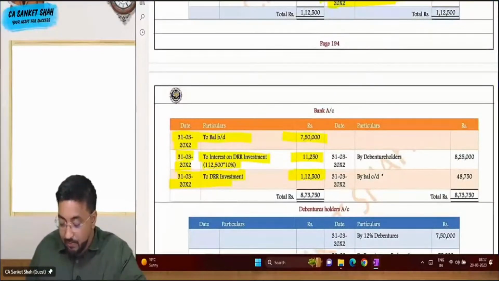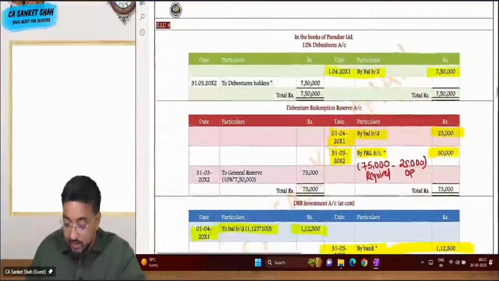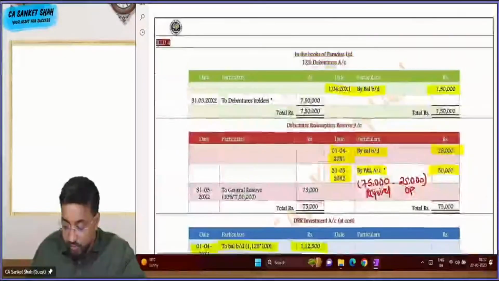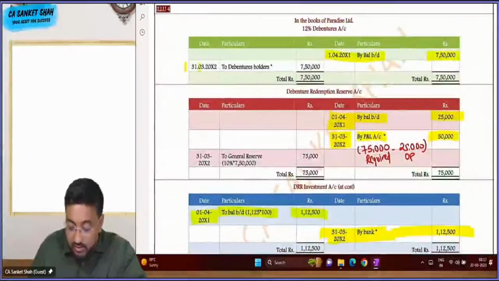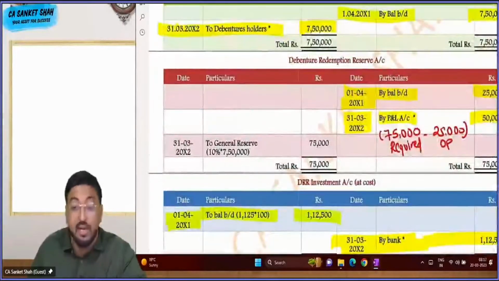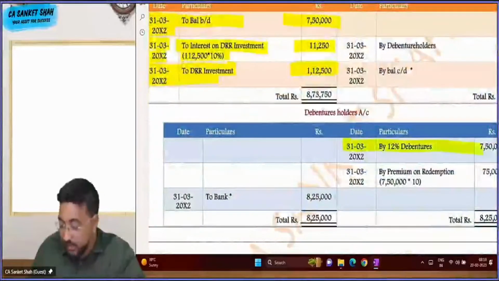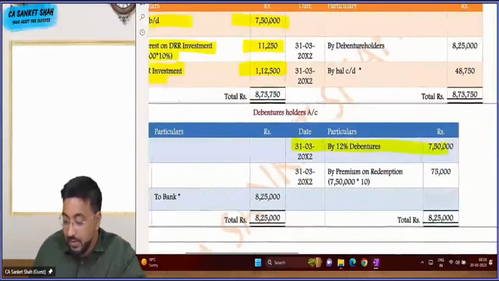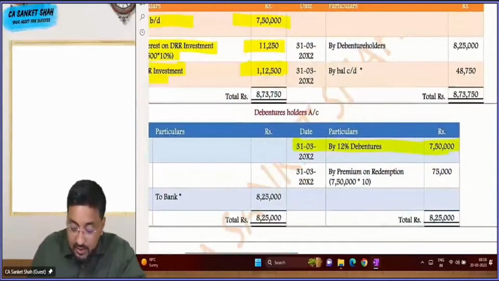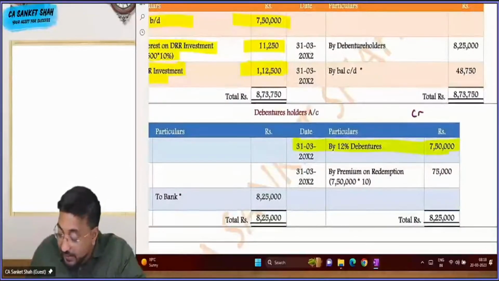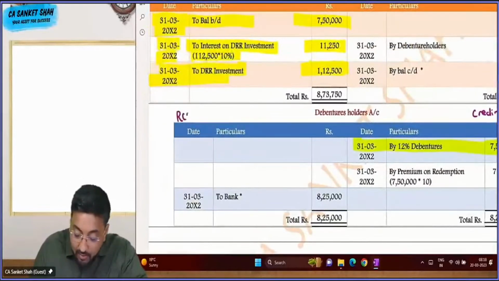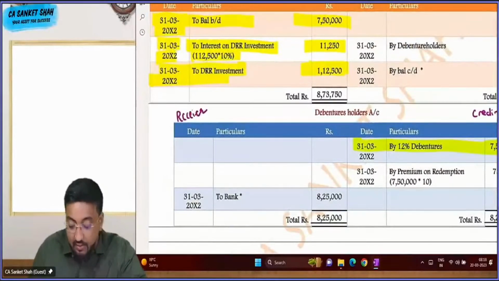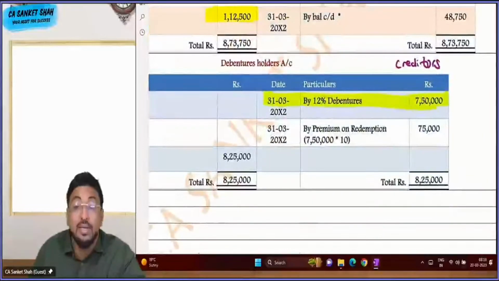Then beta, what is the entry? Now, debentures to debenture holders 7,50,000, and in the credit of debenture holders, by 12% debentures 7,50,000. See, debenture holders are our creditors. When we pay them, they become receiver.